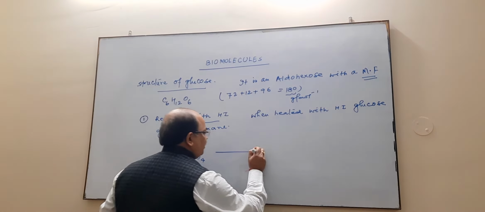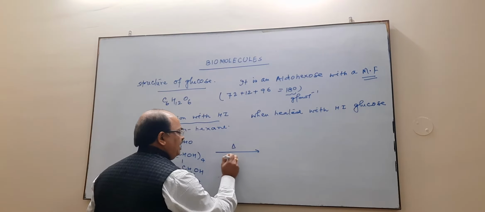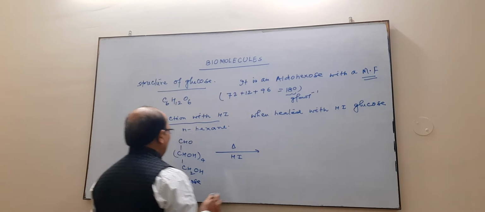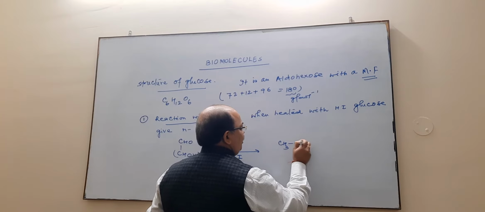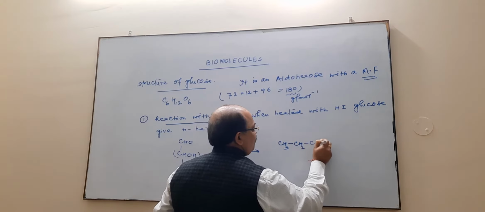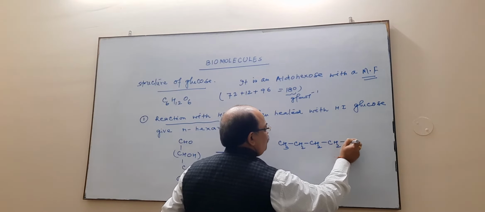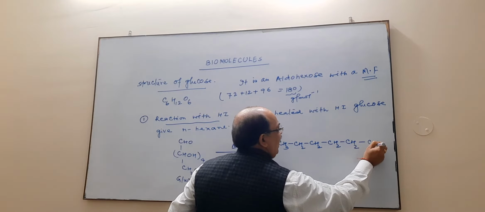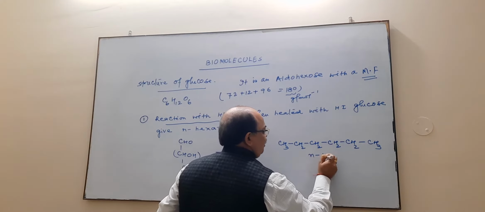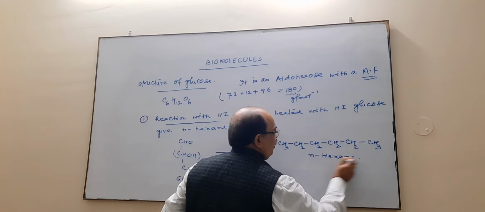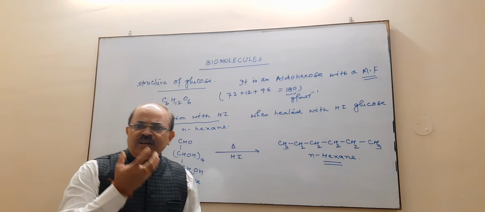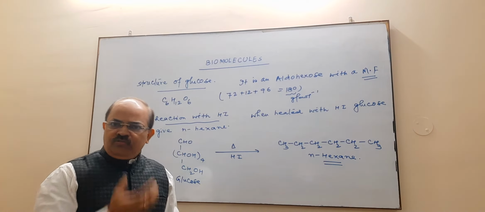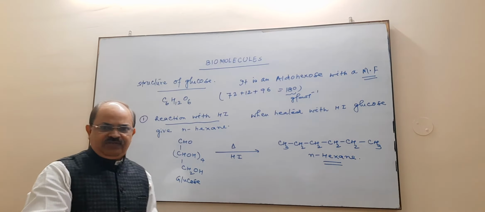If we heat with conc. HI, then it will give CH3, CH2, CH2, CH2, CH2 and CH3. This product is normal hexane. Now the question is, what inference should we draw from this point?